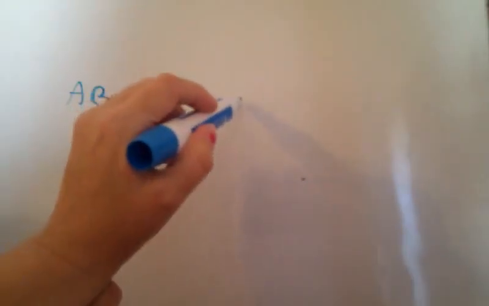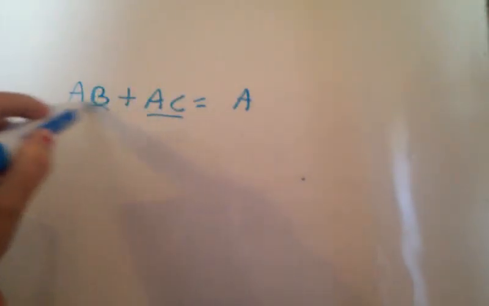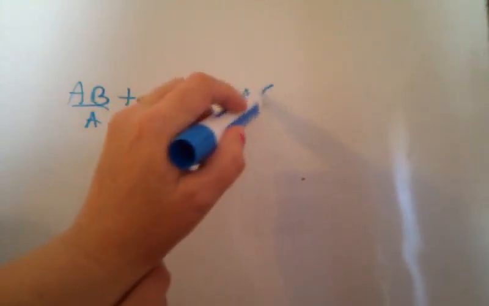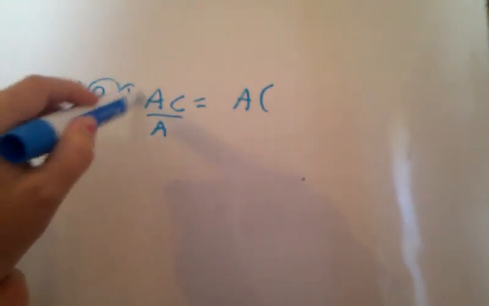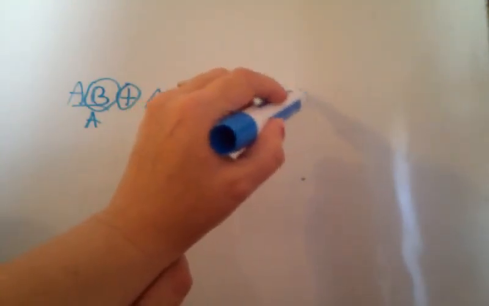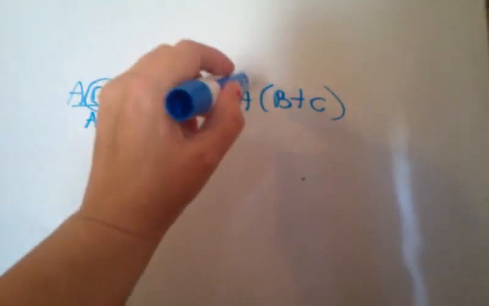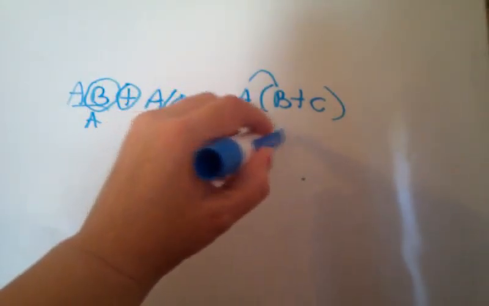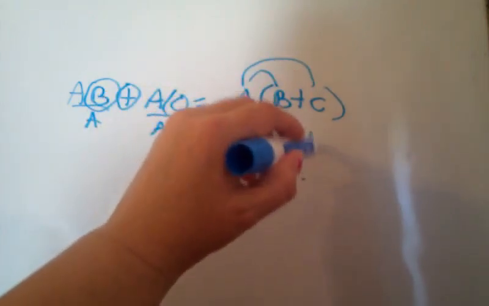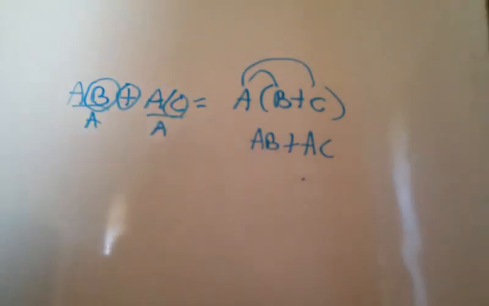Okay. We talked about the distributive property. Remember, AB plus AC equals, if I divide both of these by A, this is what's left, B plus C. And if I multiply this, A times B is AB, plus A times C is AC, then I'm going to get that all over again.